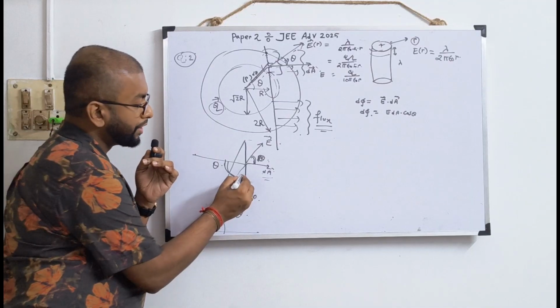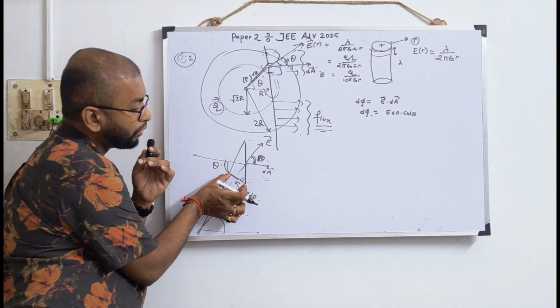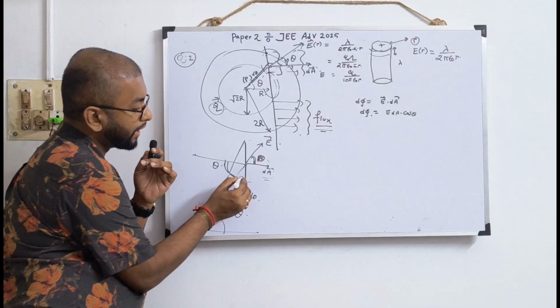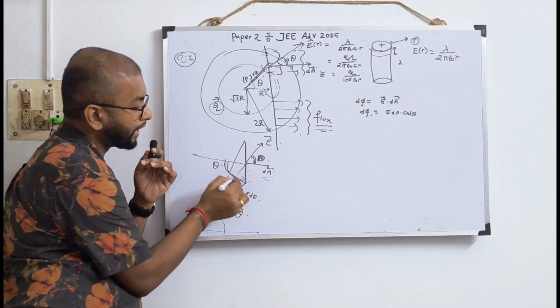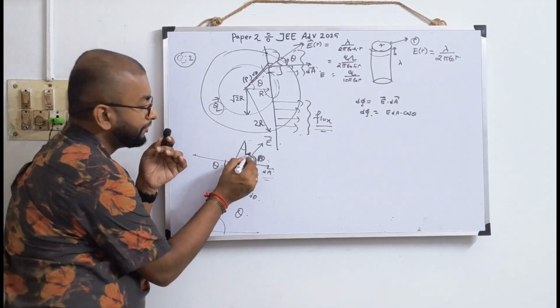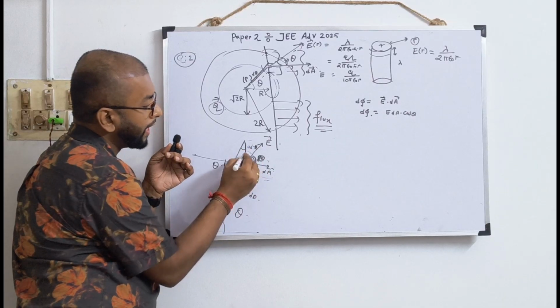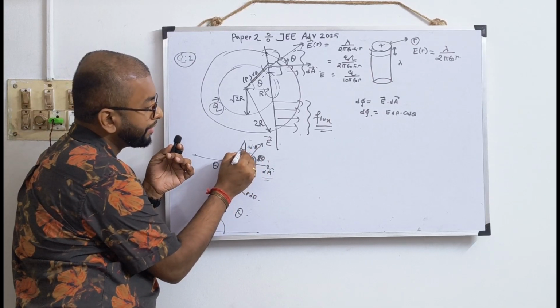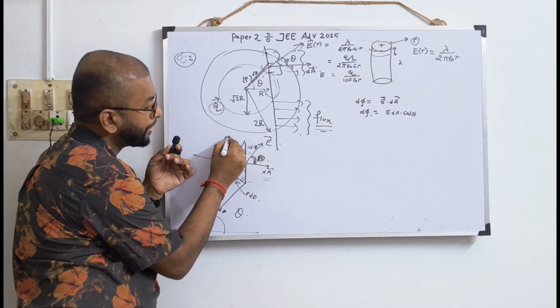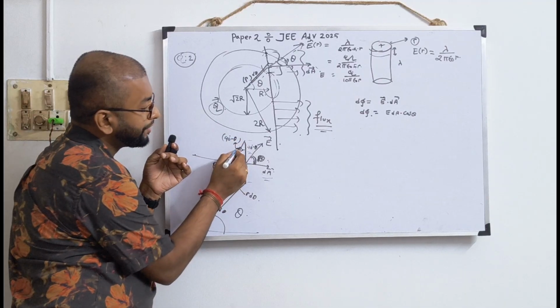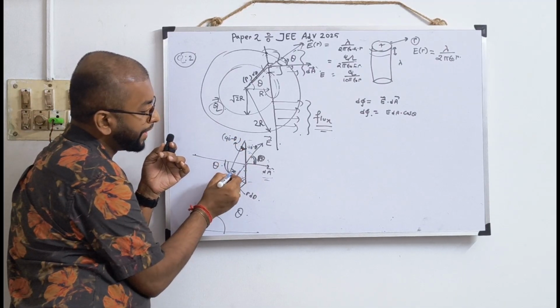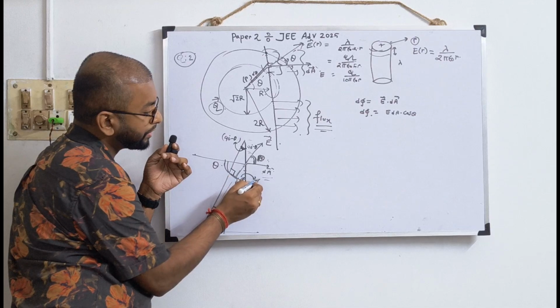Now what is this angle? Because this one I know, if I find this angle, I'll be able to find the width from the right angle triangle. If this is theta, then this is 90 degree minus theta, and this is also 90 degree minus theta. If this is 90 degree minus theta and this is 90 degree, then this angle becomes theta.